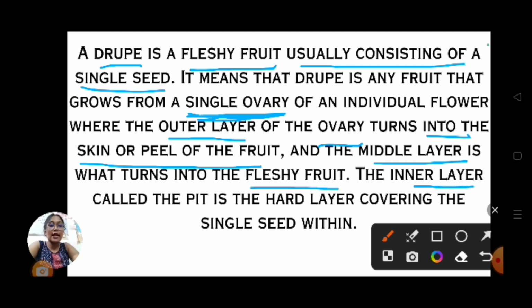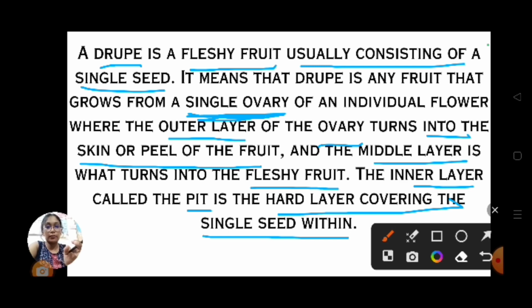The inner layer, generally called the pit, is the hard layer covering the single seed within, so it protects the seed.